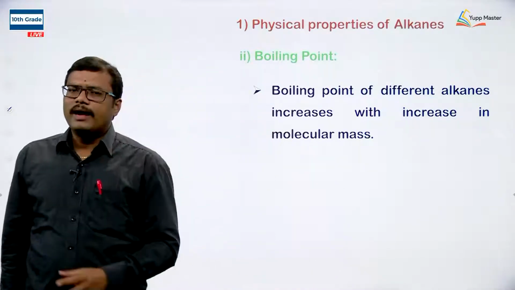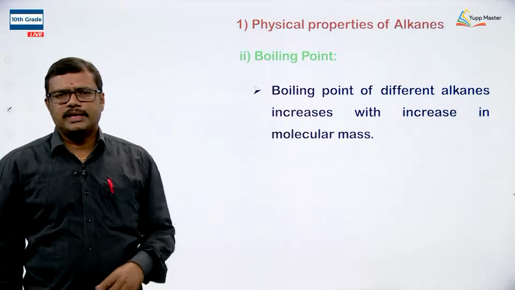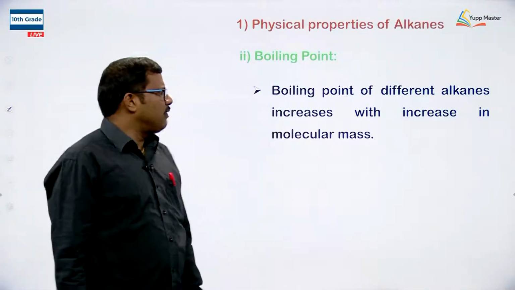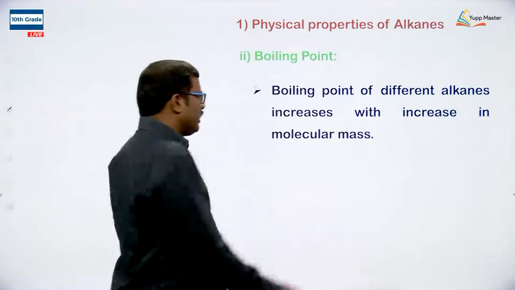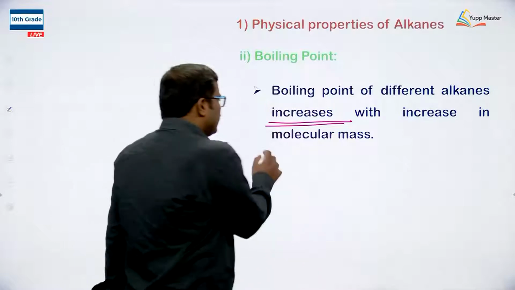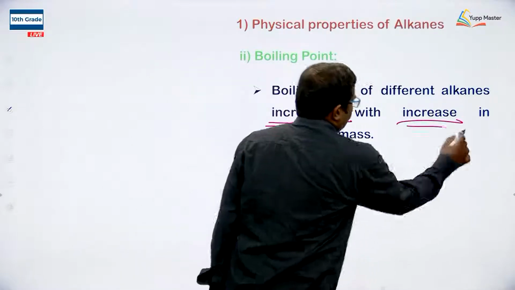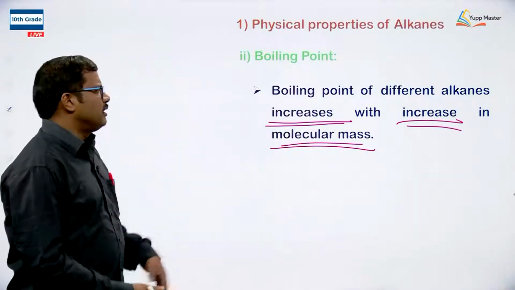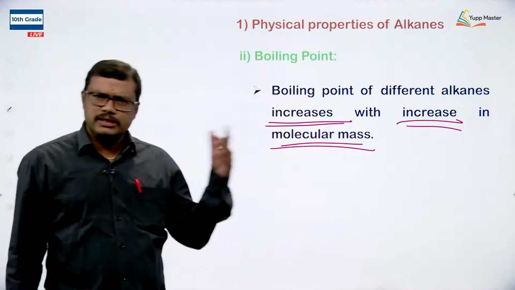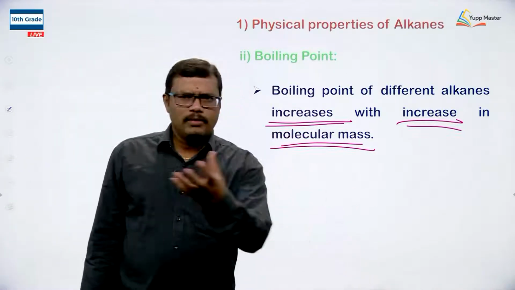Right. So how is the boiling point going to vary in the case of alkanes? If you observe, the boiling point of different alkanes generally increases with the increase in molecular mass. Generally, as the number of carbon atoms increases in an alkane, the molecular mass increases.